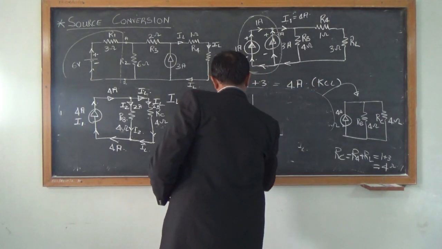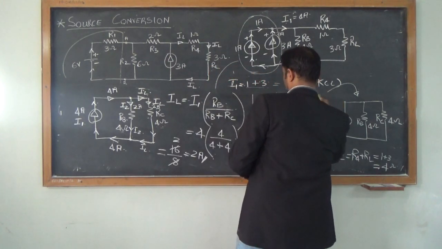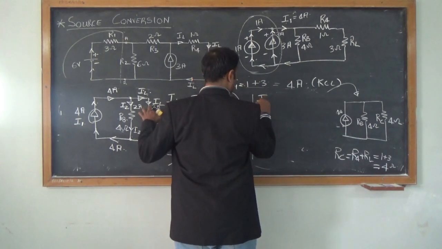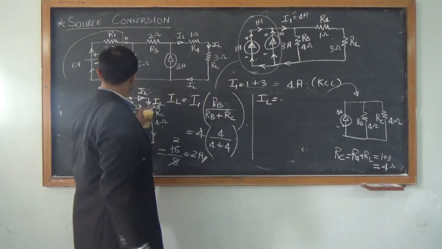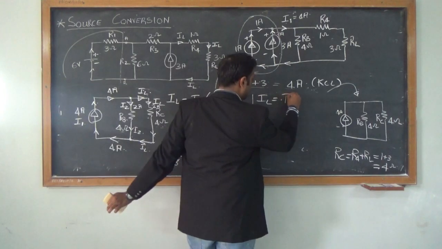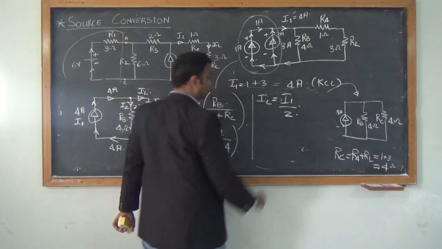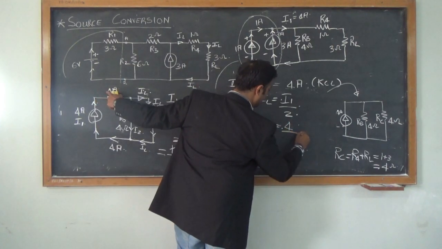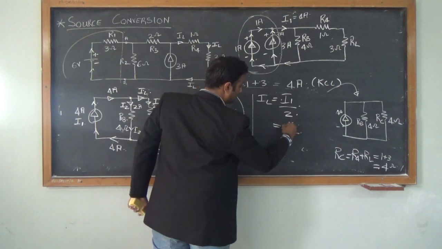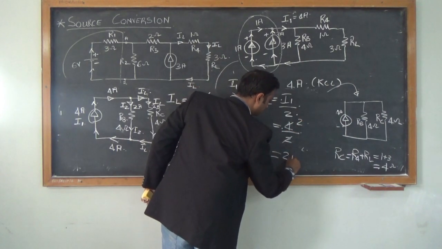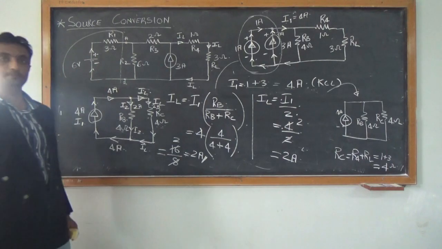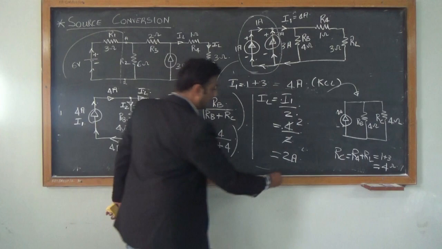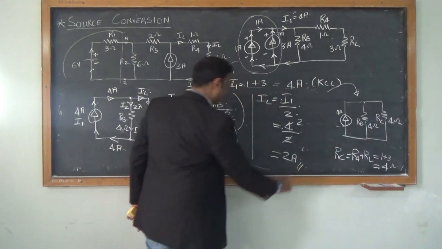So another way to write this would be IL equals the main current, that is I1, divided by 2. I1 equals how much? 4 divided by 2. So it will be equal to 2 amps. So this is how you can use this shortcut method and directly get your answer as 2 amps.